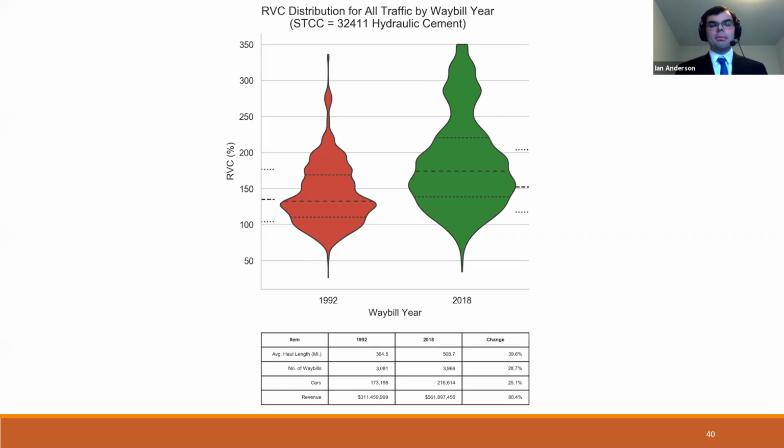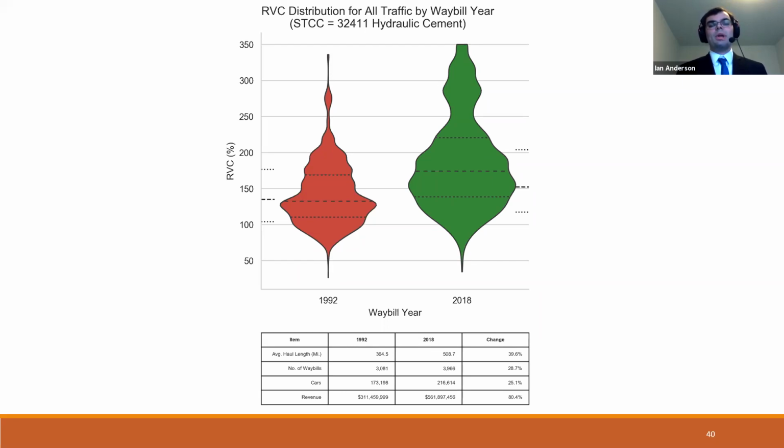The hash marks in the margins show the system RVC quartiles for all carload traffic. The identification of the 25th, 50th, and 75th quartiles is a standard technique in exploratory data analysis.